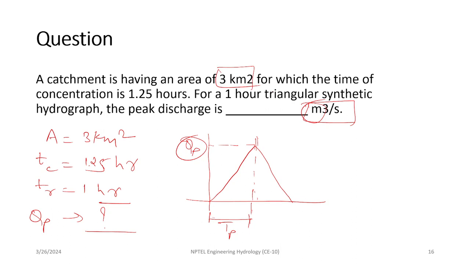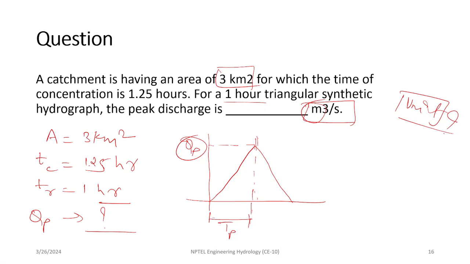It is given only a 1 hour triangular synthetic hydrograph. It is not saying a unit hydrograph. That's the point I want to make you all see in this question. How can we approach it if it is not mentioned that it is a unit hydrograph?